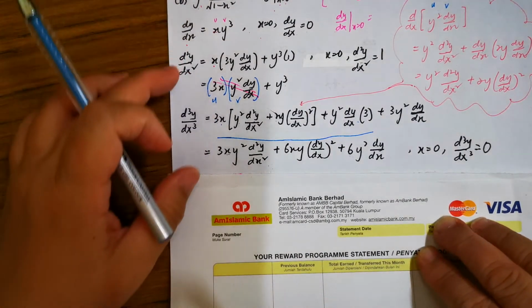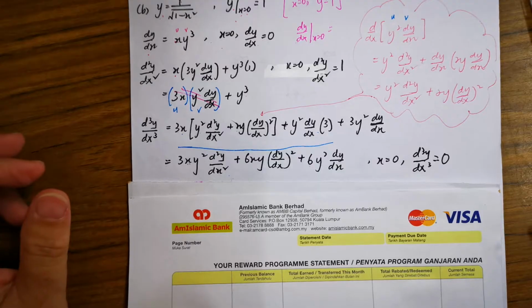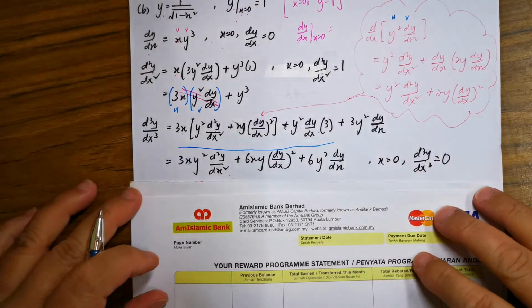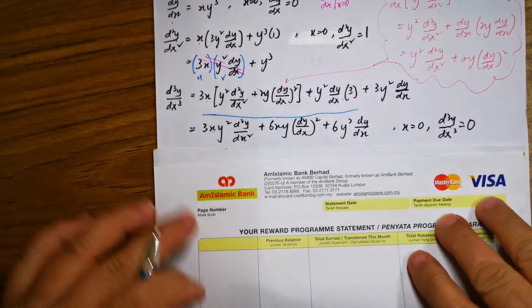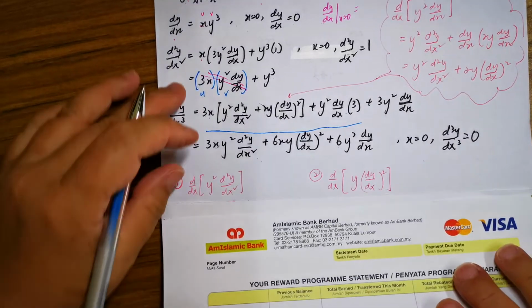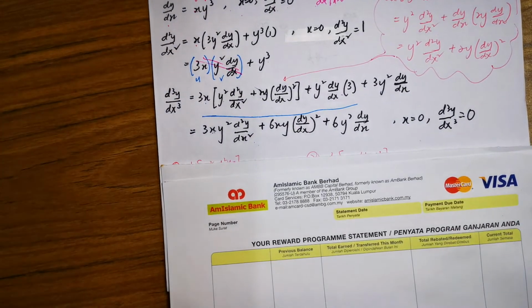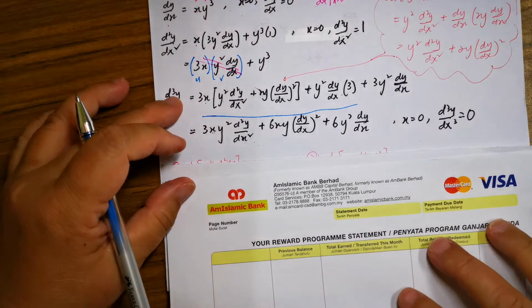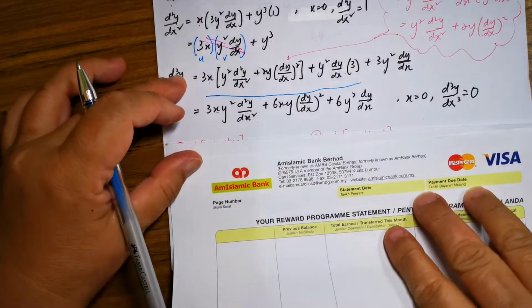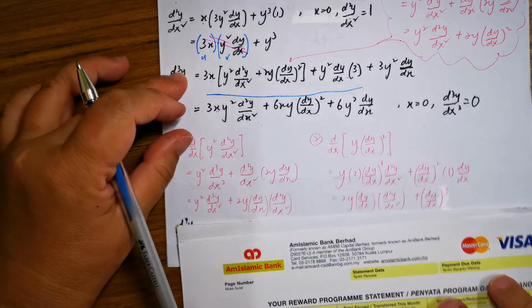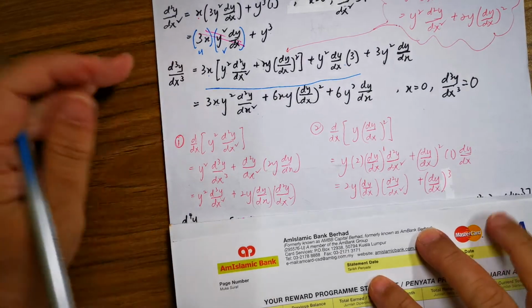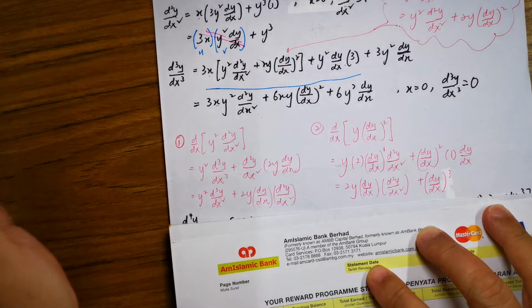Alright, now next. So next, we are going to see how we are going to get the fourth derivative, which is more complicated. So before I go to it, I show separately first.